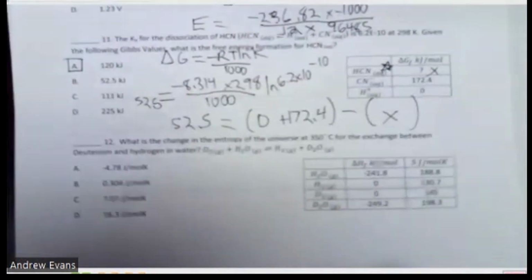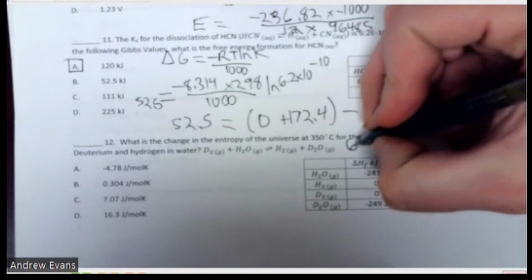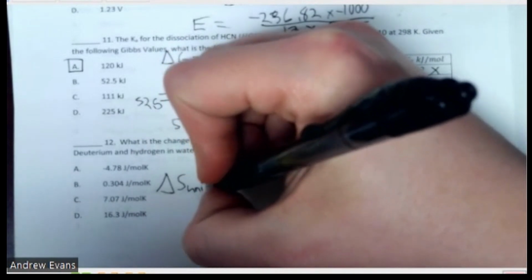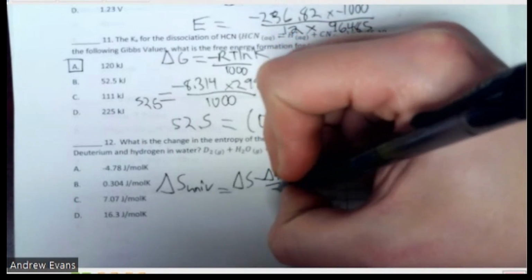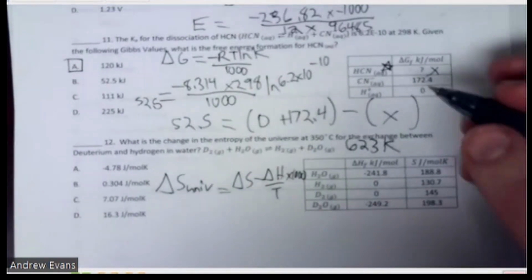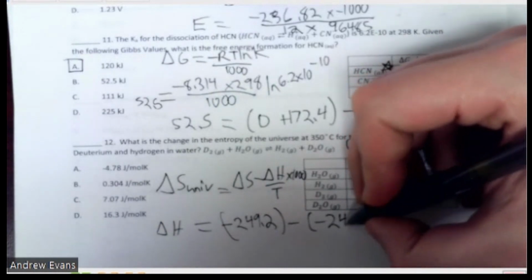Number 12, at 350 Celsius, 350 plus 273 is 623 Kelvin. What is the delta S of the universe? Well, delta S of universe is equal to delta S minus delta H over T times 1,000 because of units. Delta H is products minus reactants, so negative 249.2 minus a negative 241.8.